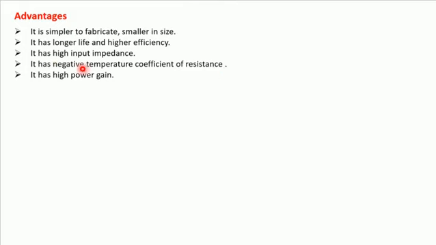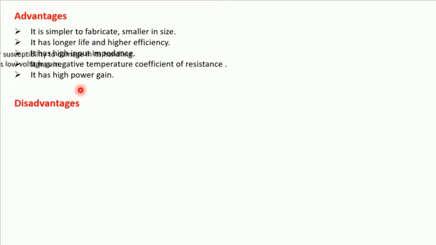I have already discussed this topic in class: negative temperature coefficient means that if the temperature of the device increases, the resistance starts decreasing, and more current can flow through the channel. We can also say that it has high power gain.